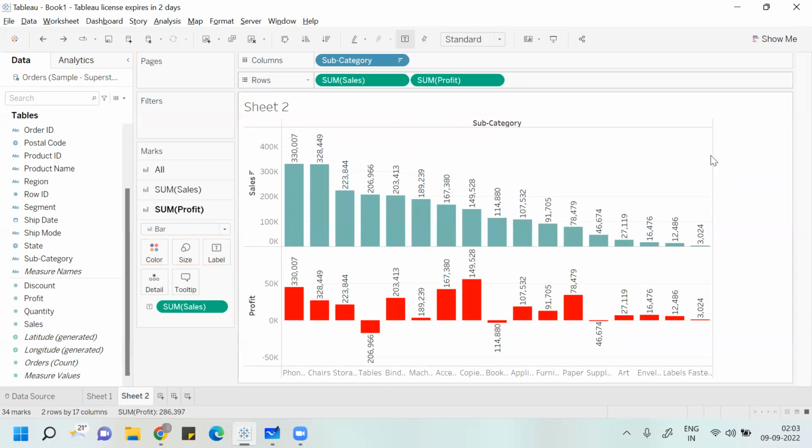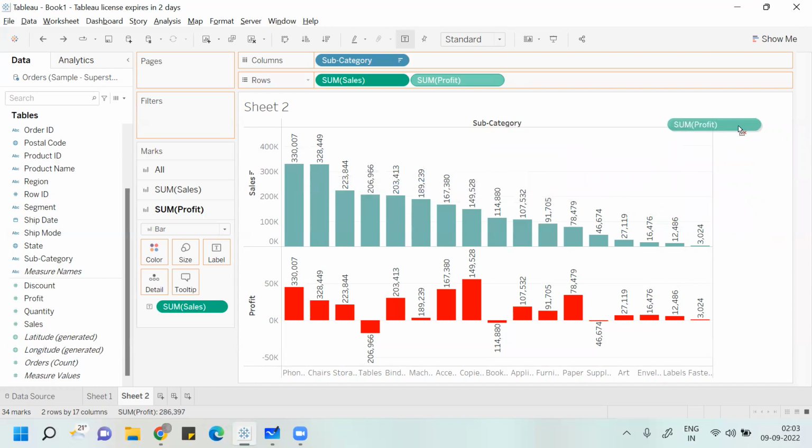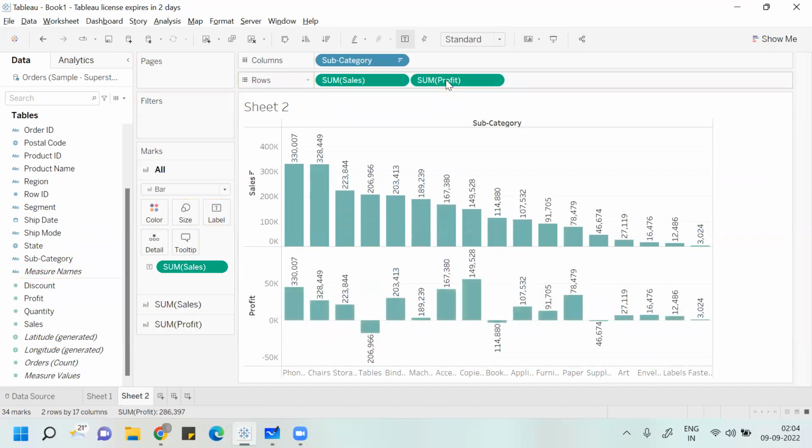So this is what I was not looking for. In case I wanted both of them in one axis, like you can see, profit is not there. So I wanted both of them in one axis.